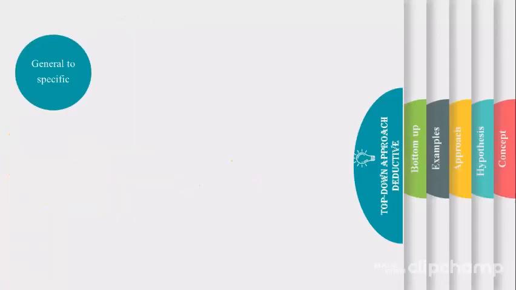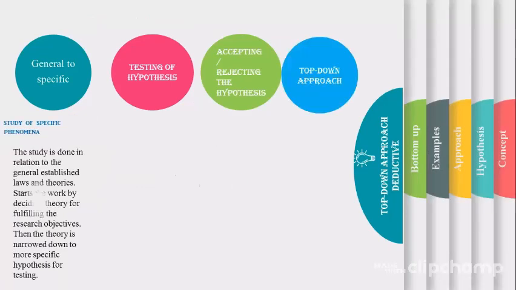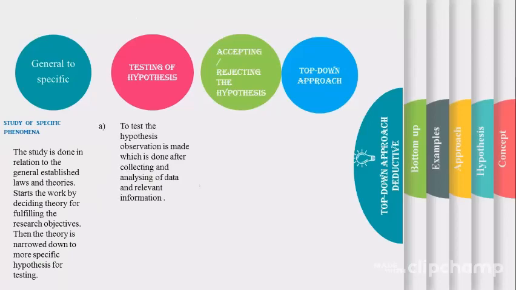Now the deductive approach, as was said before, is a top down approach. Why is it top down? Because it goes from general to specific. We study some specific phenomena, and these specific phenomena are studied in relation to already established laws and theories, as I have been telling you till now.